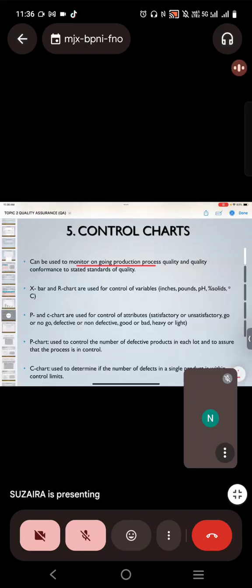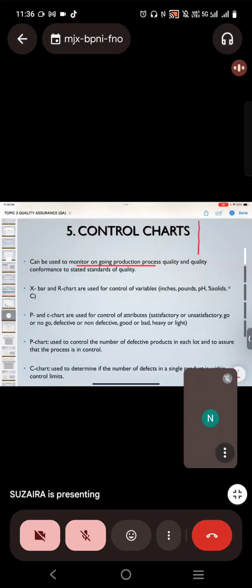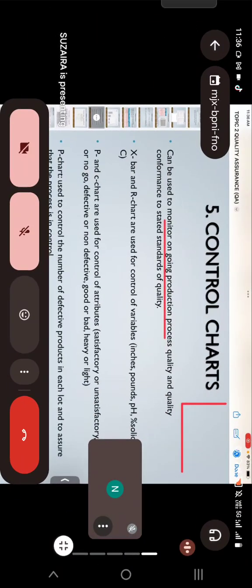Whenever you talk about a control chart, you have these 3 things. This one is the control chart, and then you need to come up with the UCL, the upper control limit.